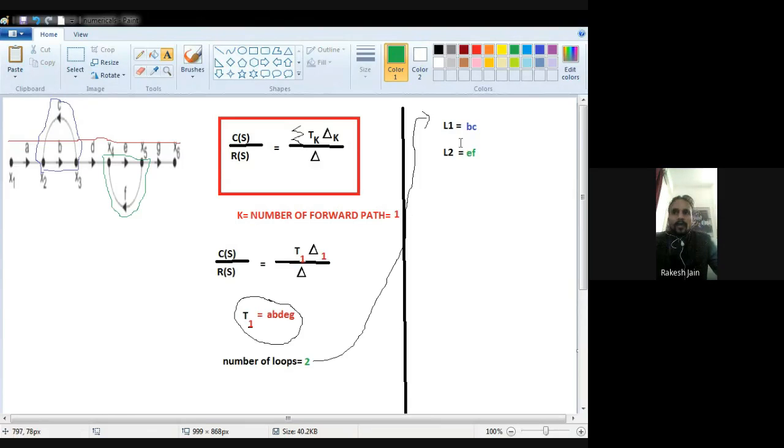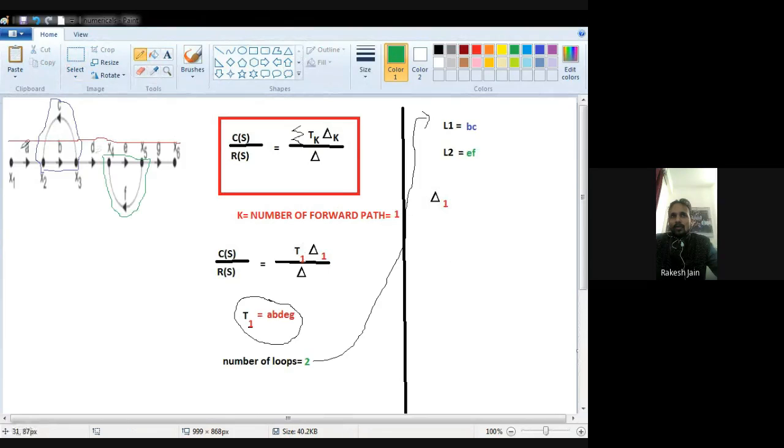Now how to find del 1, del 2, del 3? Here only del 1 is present, so first you should know the meaning of del 1. Del 1 means which loops do not touch the first forward path. In this question, with the red line I show the forward path direction.